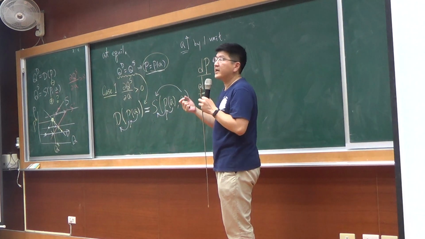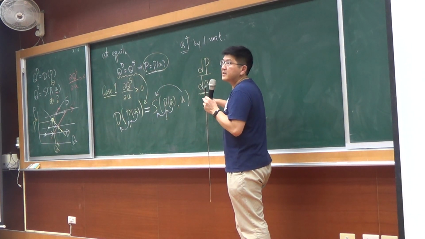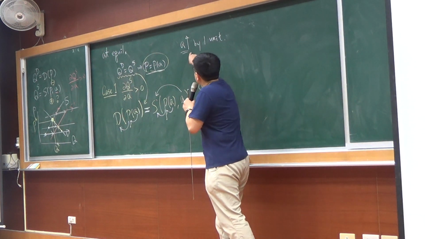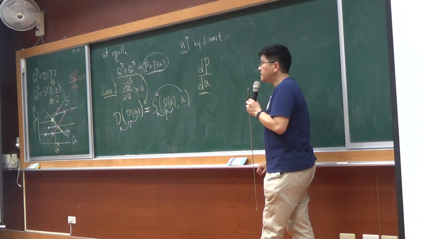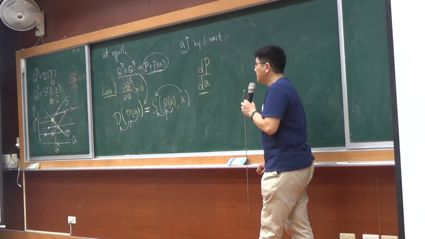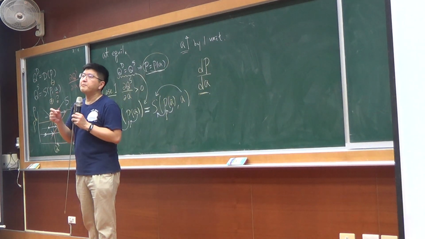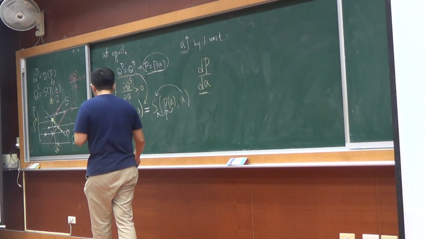What is the size of the change in P caused by a change in A by 1 unit? This is what we want to know. Alright? So we want to use the comparative static analysis to analyze this issue.